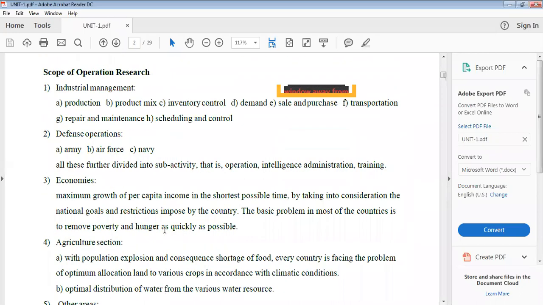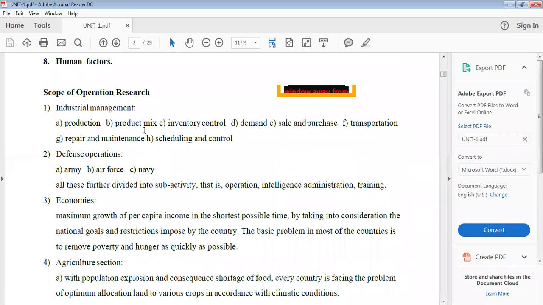These scientific methods proposed through operational research will play a vital role in improving the economy of the state. Industrial management mainly covers production of the particular company, inventory maintenance, demand, sale and purchase, transportation, repair and maintenance, scheduling, all those things.